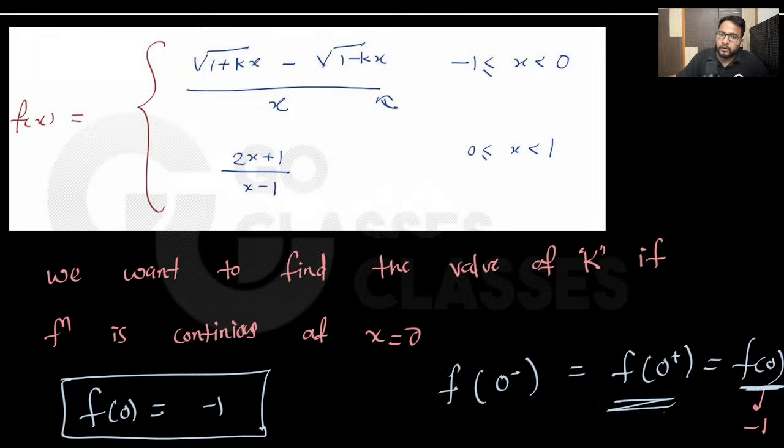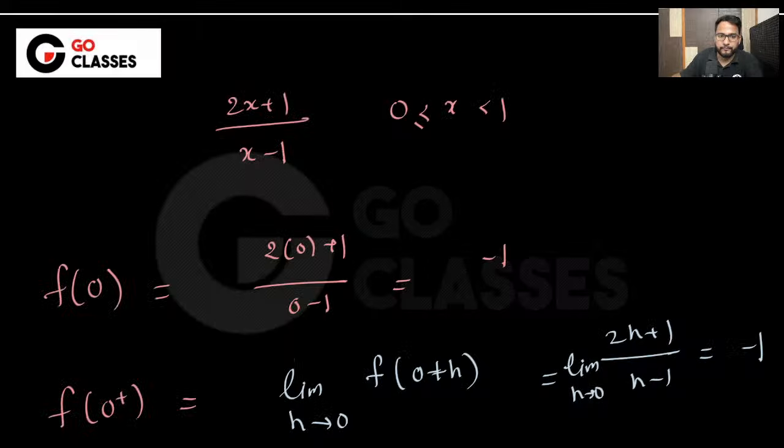Now let's just find out at 0 minus what's going to happen. So this is the function that we have, and now we are going to find out just before 0 what is the status. Let me remove all of this.